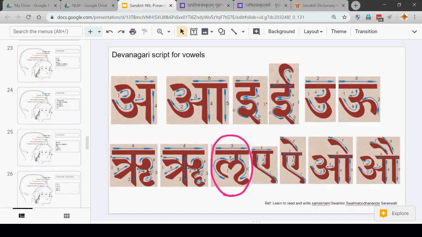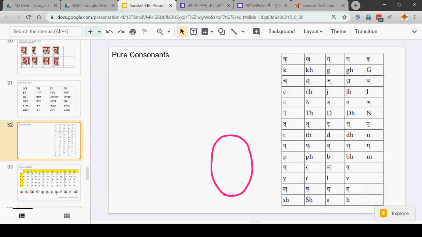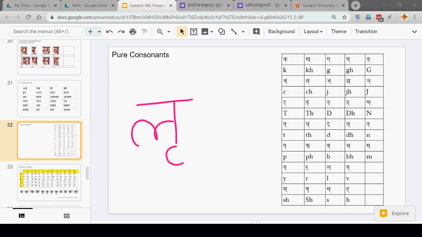But while pronouncing the compound consonant, which is a combination of la consonant and ru vowel, it becomes ru. And here there is a touch, because la is a touch, while the vowel part has no touch.